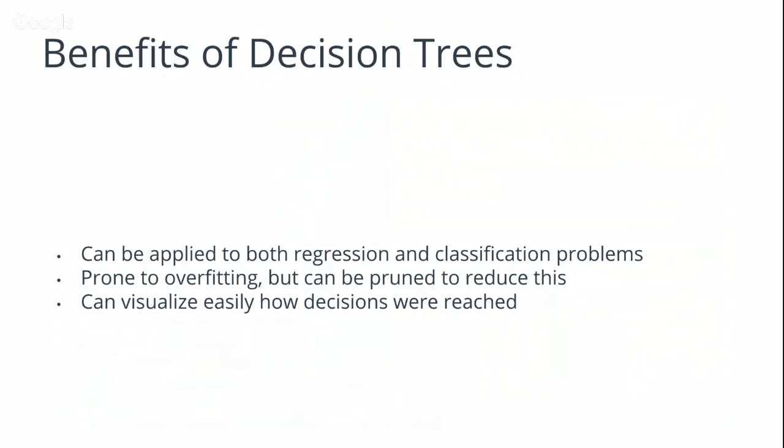Decision trees, depending on how many questions you ask, are also prone to overfitting. But you can prune the number of questions being asked or the sensitivity of the questions in order to reduce this. Finally, because we can see what questions are being asked, decision trees are great for visualizing how decisions were made.